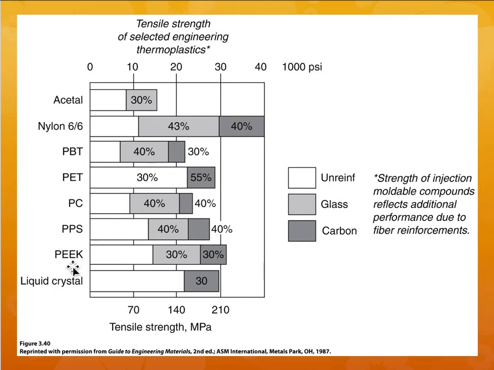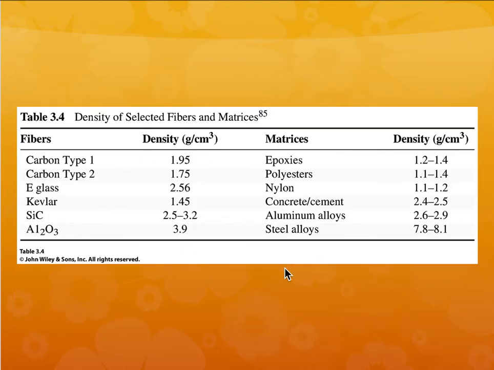PEEK is also strong, but it also has properties that are very similar to those of our natural bone. So it will not create issues with breaking our bones if you let it be in the body for a long time. I know that I'm jumping from topic to topic, but I'm just going by whatever information is on the slide and trying to explain that to you.